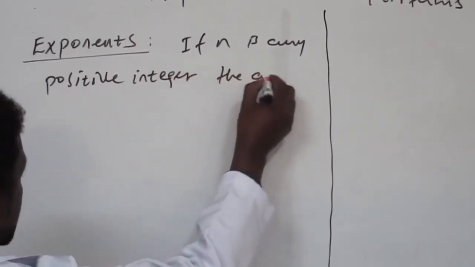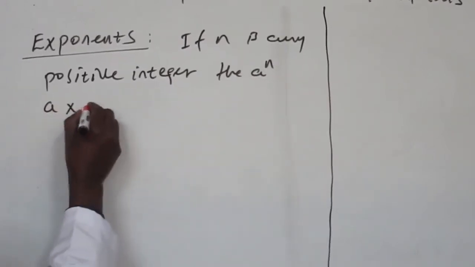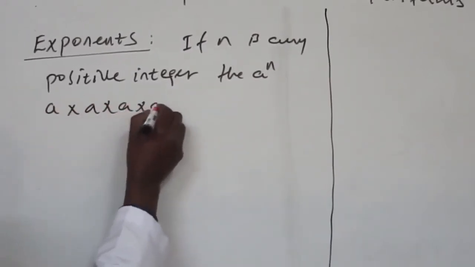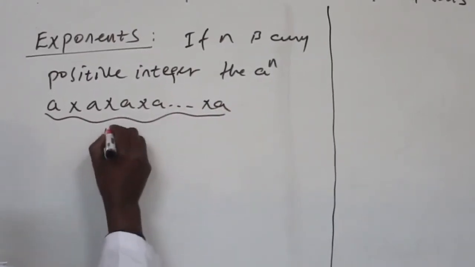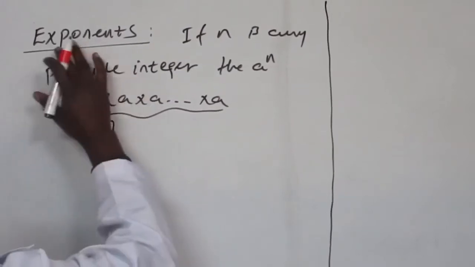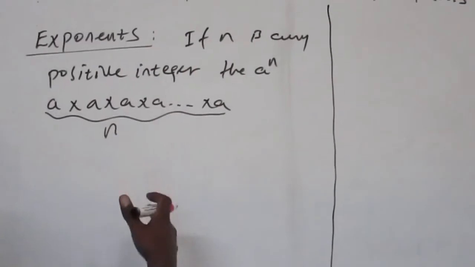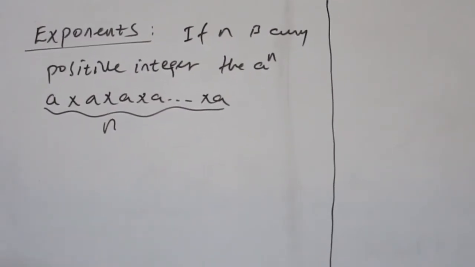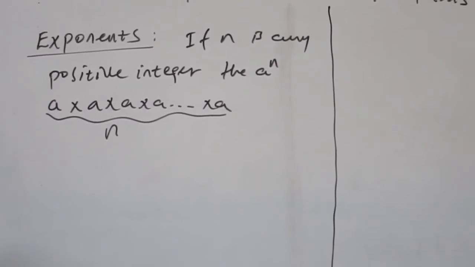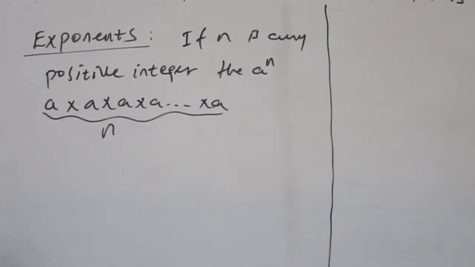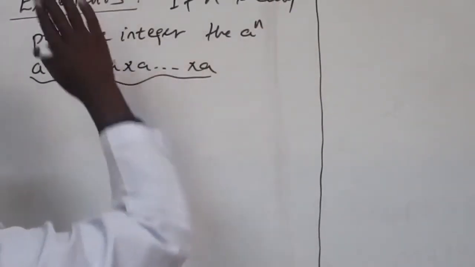Then the power of n is expressed as a times a, and it continues just like this, n times. When we talk about exponents, we mean repeated multiplication of the same number. We can write this as an exponent if n is any positive integer and a is any real number.